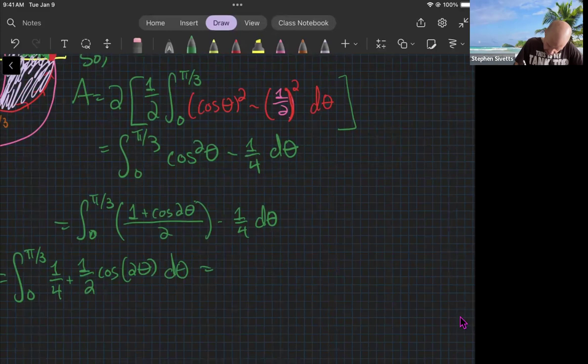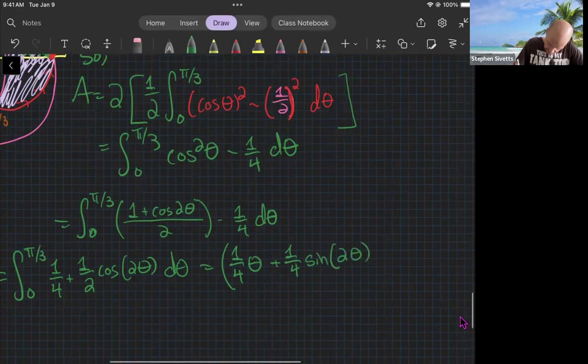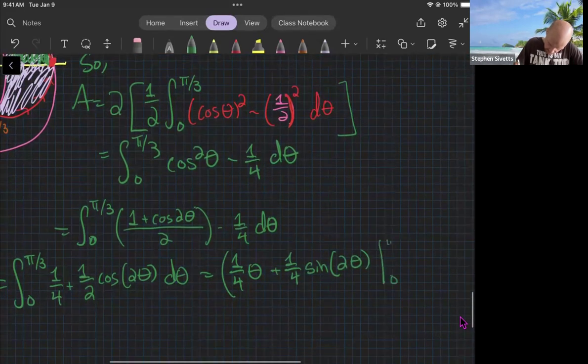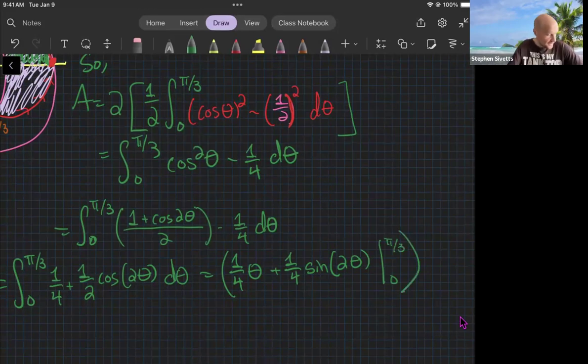And this equals 1/4 times theta plus 1/4 sine of 2 theta, and we evaluate this from 0 to pi over 3.